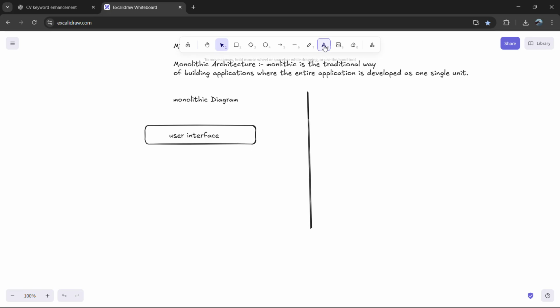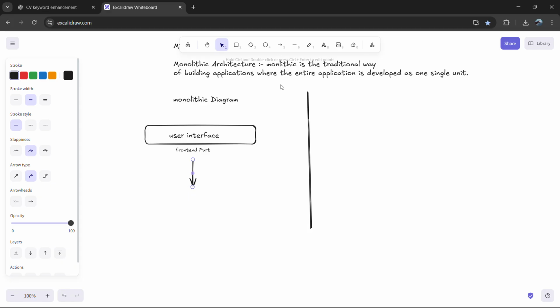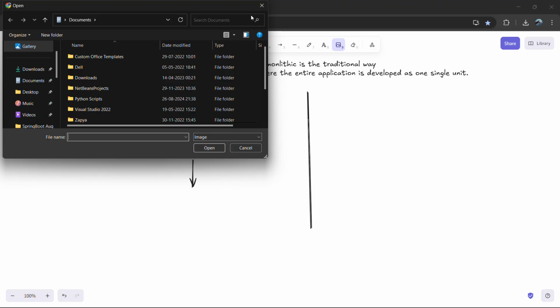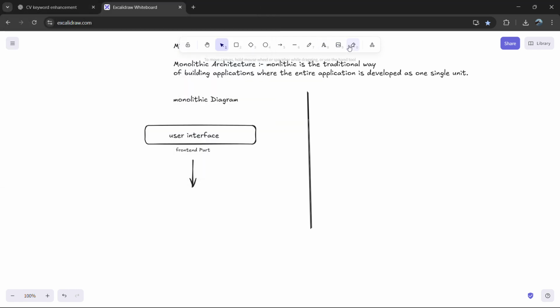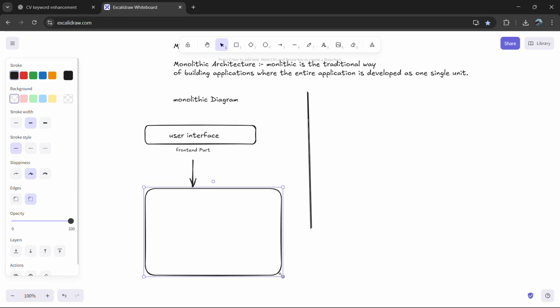Basically this is the front end part, and it is connected to our backend system.